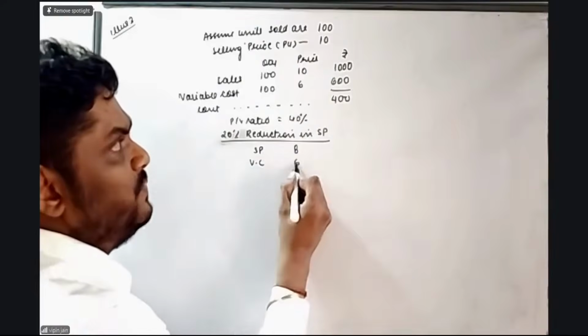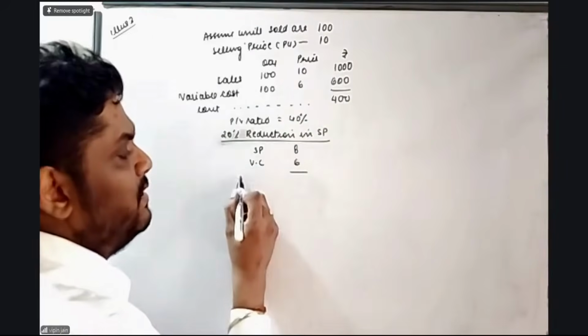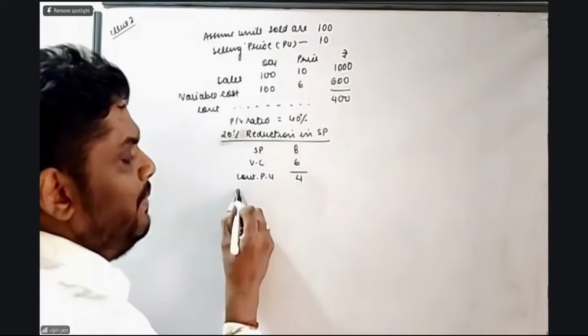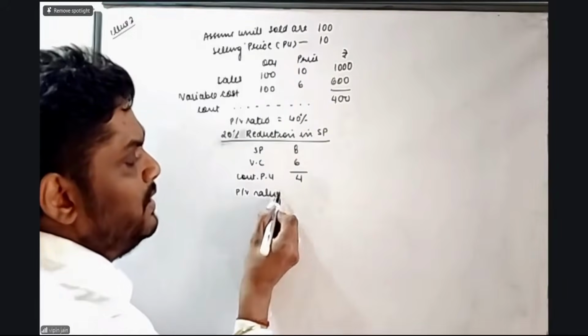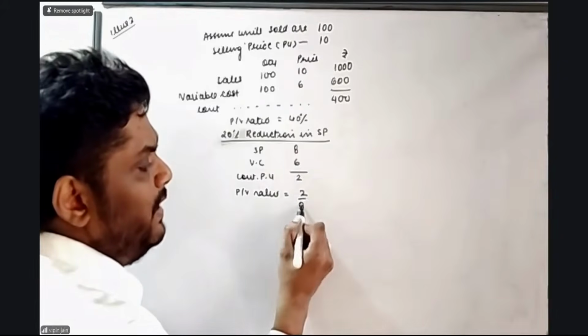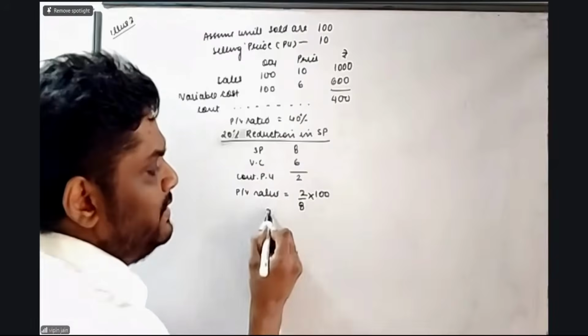My variable cost per unit will be constant, that is 6. So my contribution per unit will be 2. And my new PV ratio will be how much? 2 divided by 8 into 100. That is 25%.